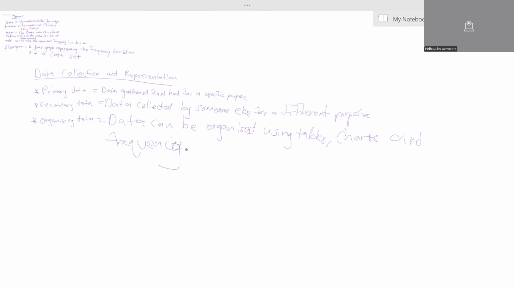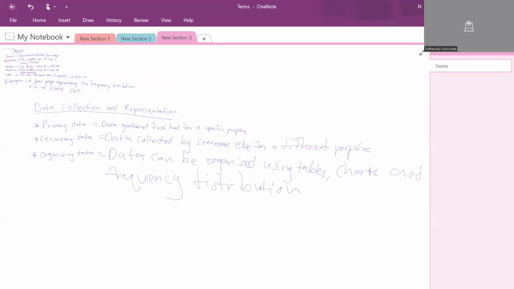Frequency distribution. My pen is having some problem. Okay, frequency distribution. So if you know this information, you are good to go.